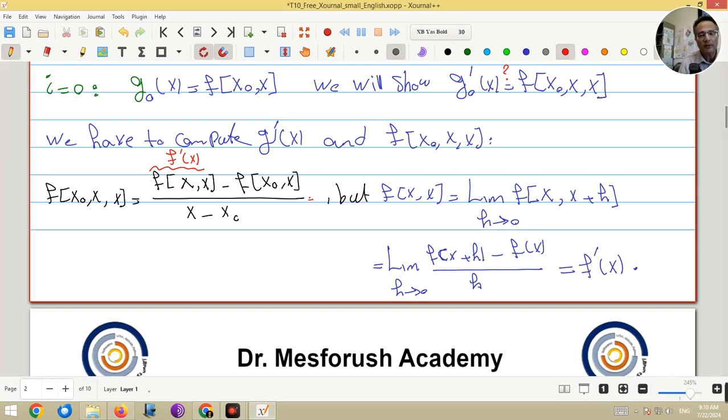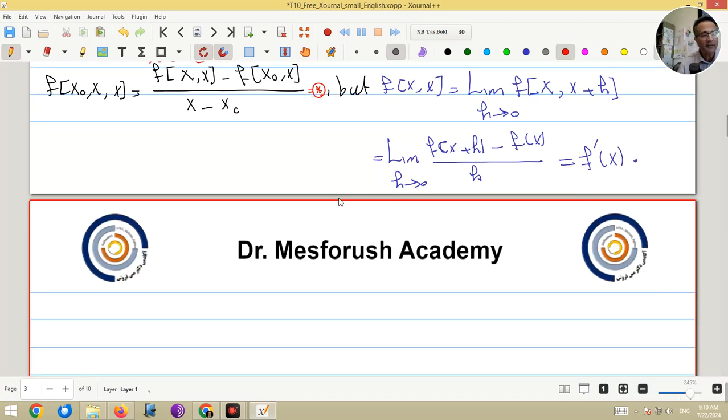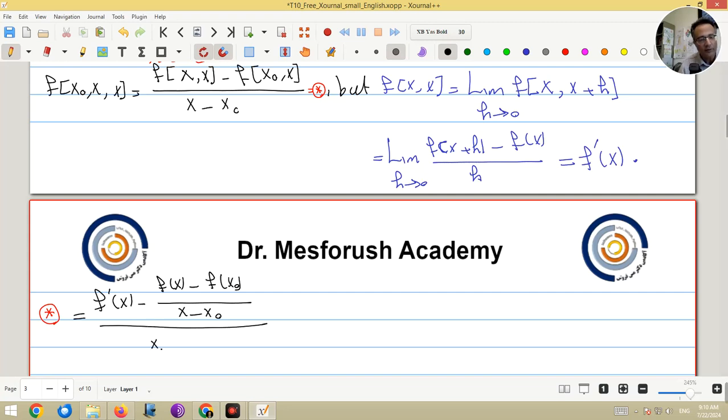Now let me call it star and let me continue from here. So this is equal to f prime of x minus f of x0 and x, so it is f of x minus f of x0 over x minus x0, over x minus x0.